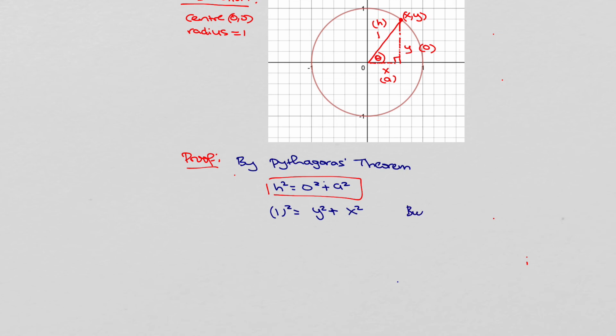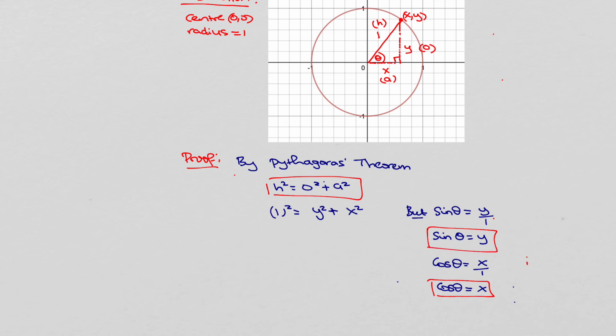But we know that sine theta is the opposite, which is y, over the hypotenuse, which is 1, which means that the y coordinate is actually sine theta. We know that cos theta is the adjacent over the hypotenuse, which is x over 1. In other words, the x coordinate is cos theta, and that will always be the case.